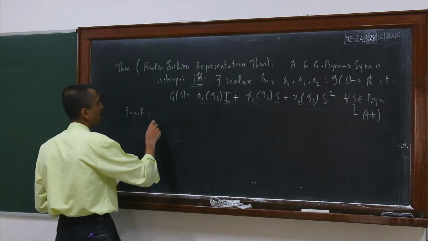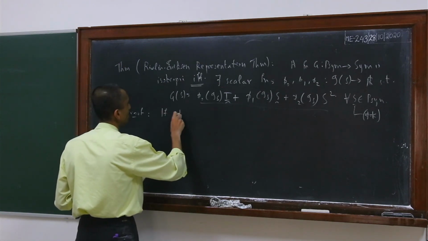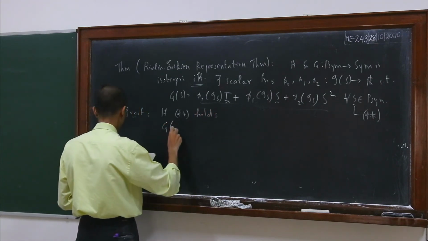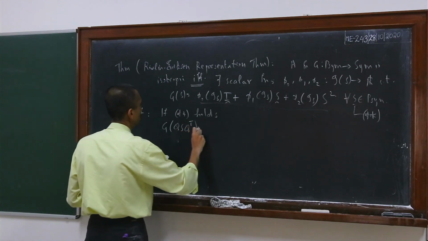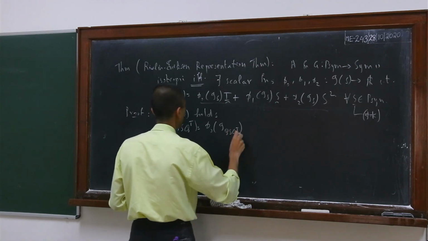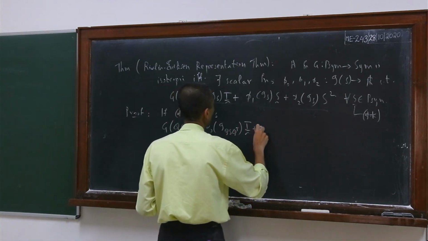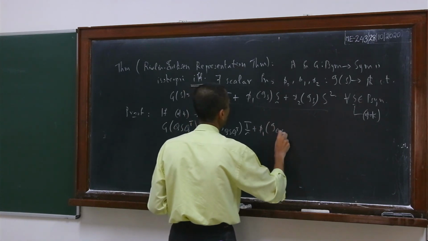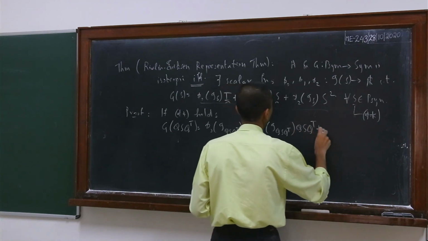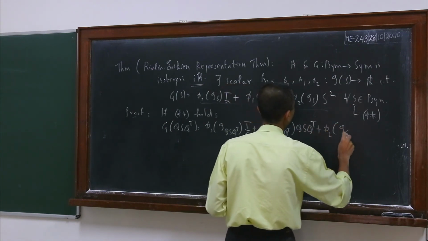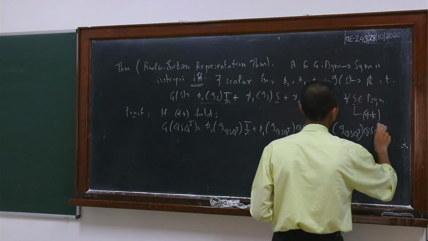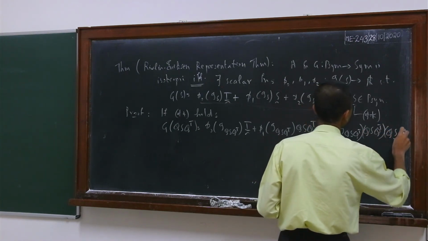If double star holds, then g of q S q transpose is equal to phi naught of I of q S q transpose times I plus phi1 of I of q S q transpose times q S q transpose plus phi2 of I of q S q transpose times q S q transpose times q S q transpose.